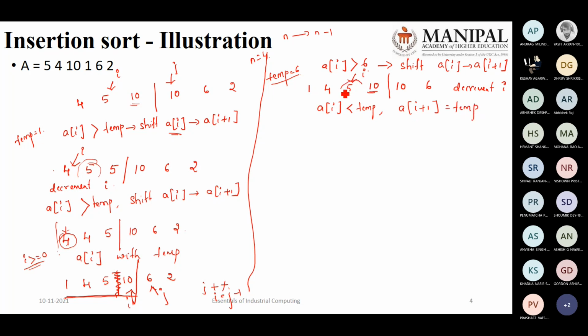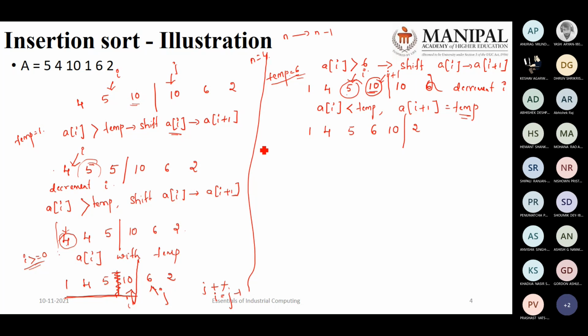A of I is this. A of I plus 1 will be this. So this has to be replaced with the content of temp. So the new array will be 1, 4, 5, and in place of 10, it is temp. Temp is 6, so I will insert 6. The remaining elements are as it is. This is not 6, sorry, this is 2.